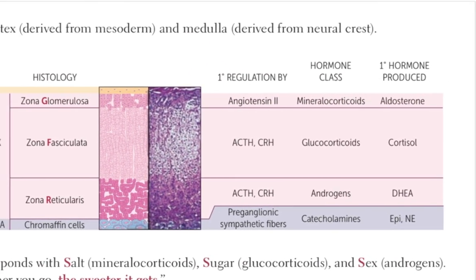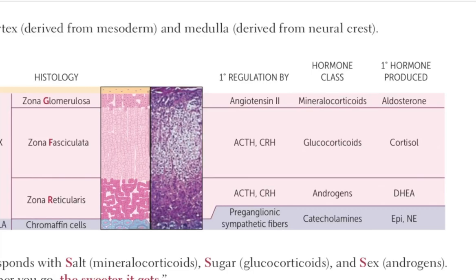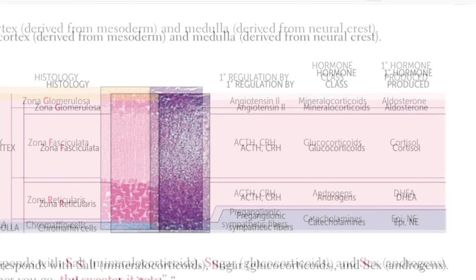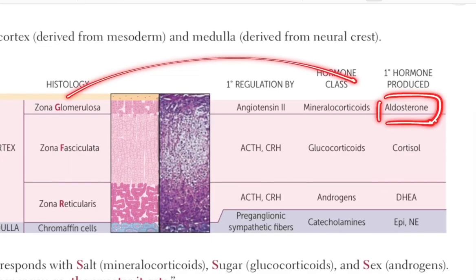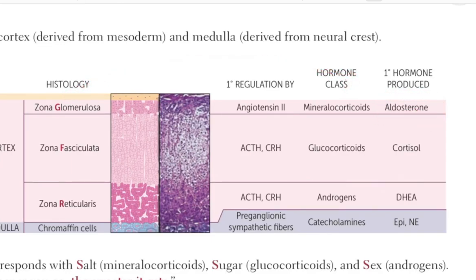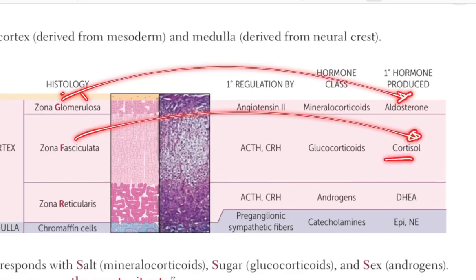Is it clear? So, what are the hormones secreted by zona glomerulosa? Those are mineralocorticoids, and the primary mineralocorticoid is aldosterone. Now, the next section, the zona fasciculata, produces glucocorticoids, and the primary hormone is cortisol.